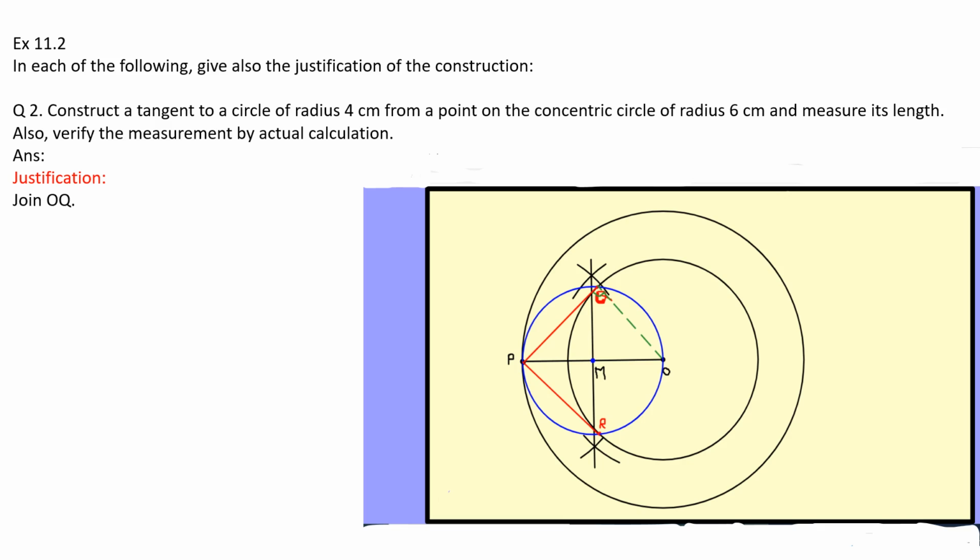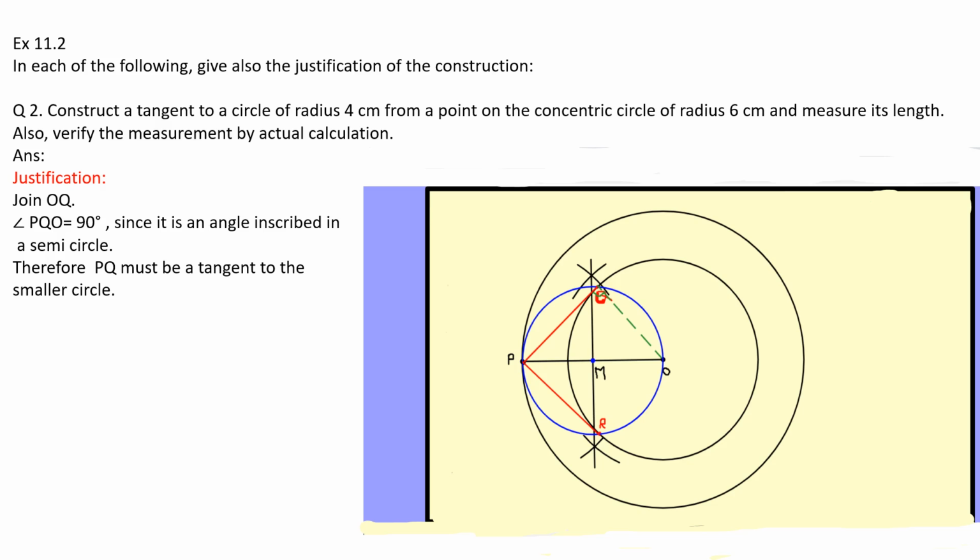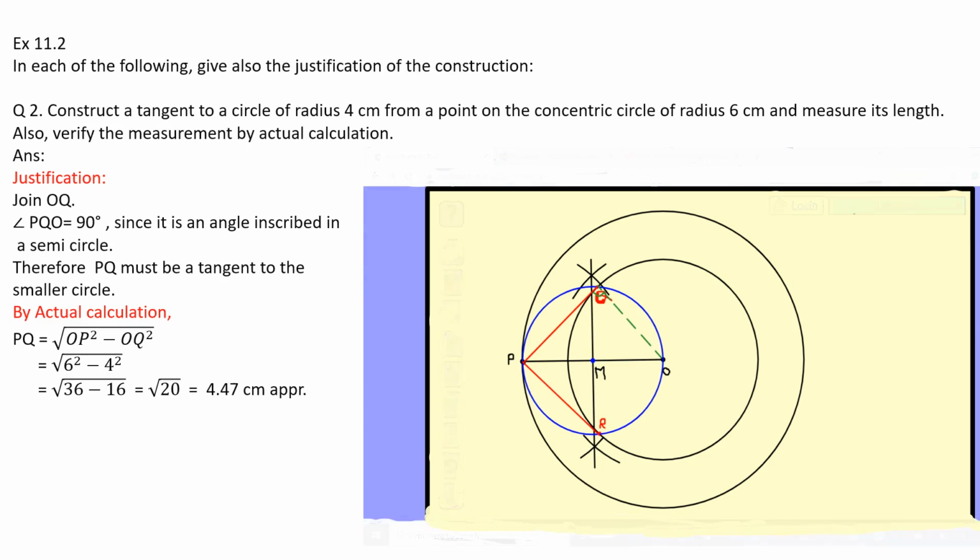First we will join OQ, and at the point Q, angle PQO is 90 degrees, since it is an angle inscribed in a semicircle. Therefore, with the same argument, you can say that PQ is a tangent to the smaller circle, and hence PR also will be a tangent to the same circle.